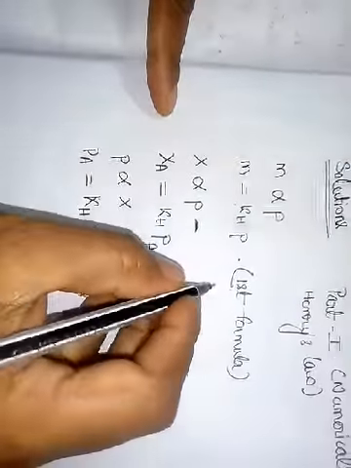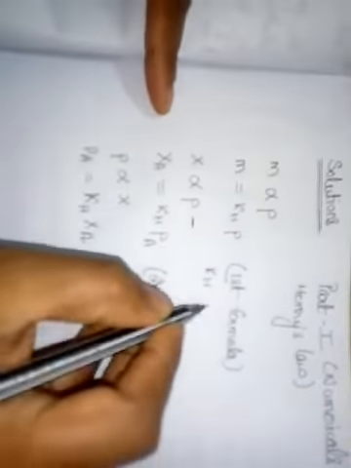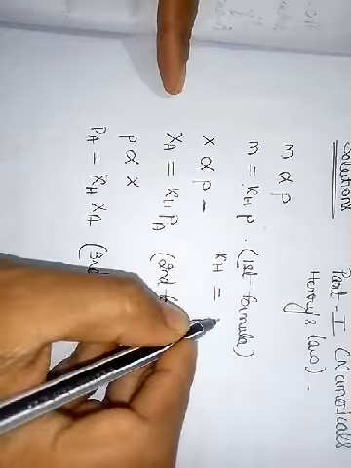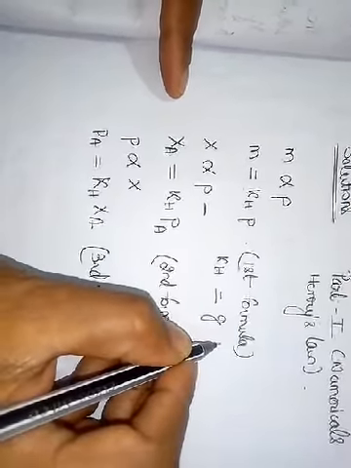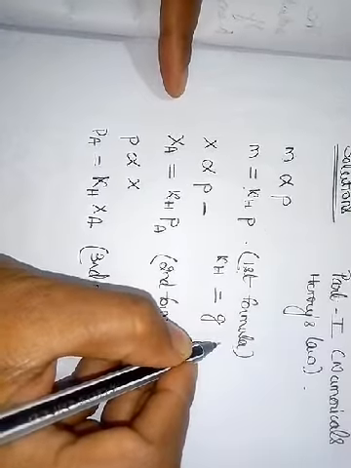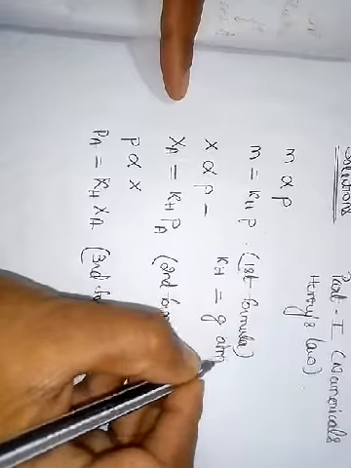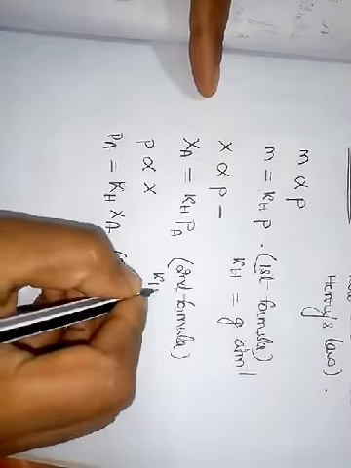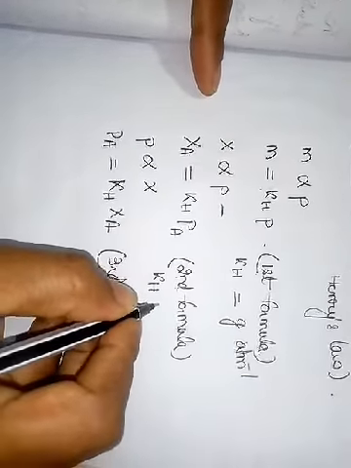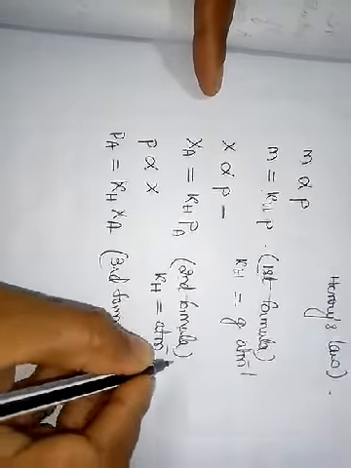For the first formula, the unit of Kh comes out as gram or mass pressure inverse, or we can write it as atm inverse. If we consider the second formula, the unit of Kh comes out as pressure inverse, or atm inverse.